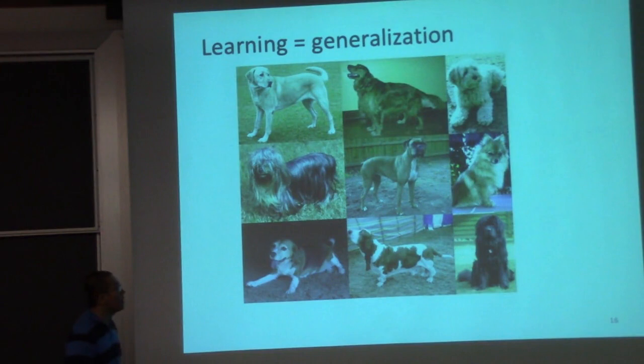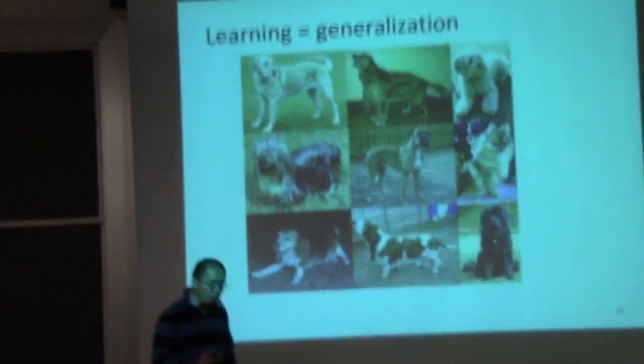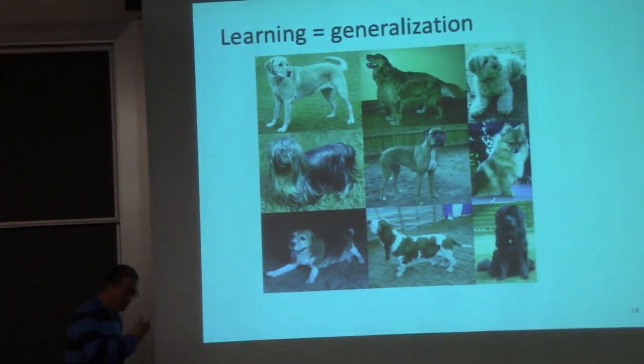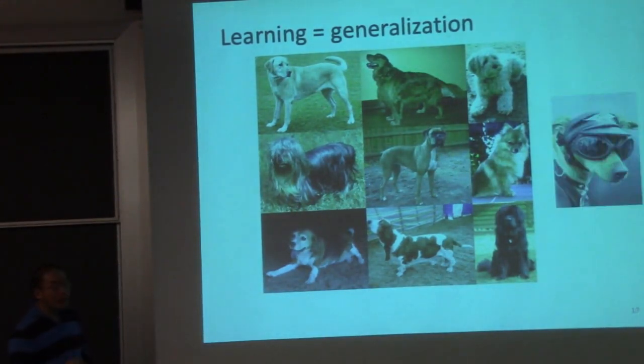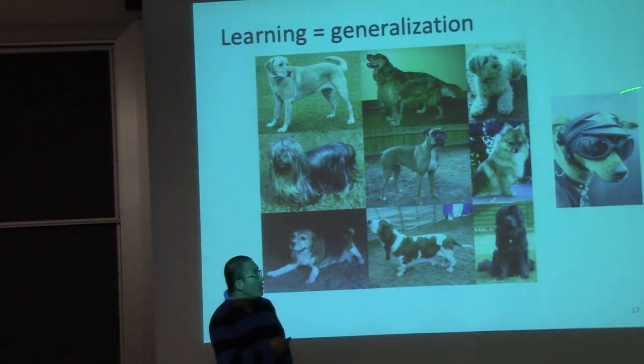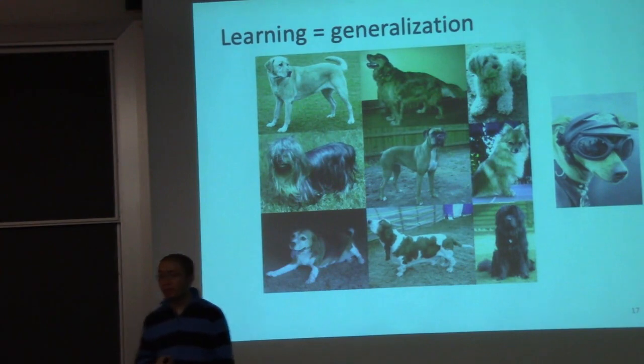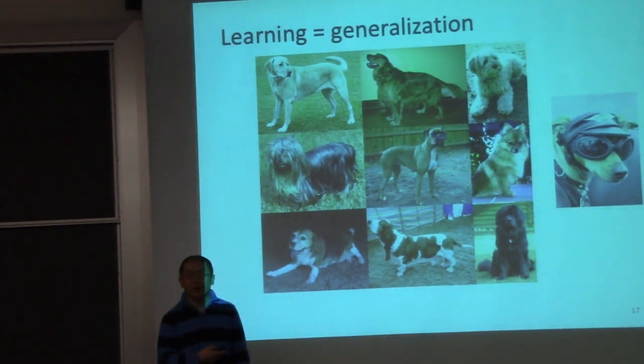And we expect that after learning from those pictures, when you are given a new dog who wears a cool hat and a cool pair of sunglasses, you can still identify this dog. This is not a cat or bear, whatever.